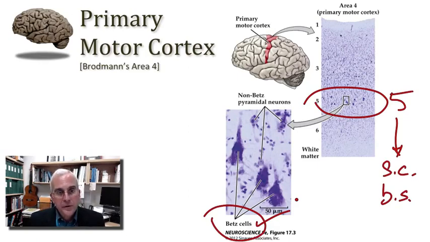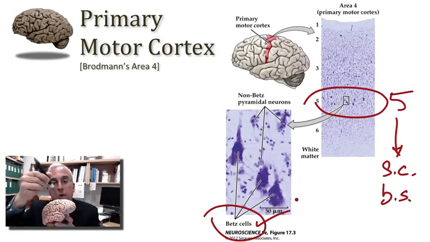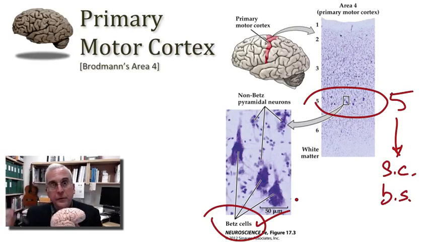When motor cortex was first characterized with microelectrode stimulation, it was discovered that as one approaches the posterior frontal lobe with the microelectrode and then stimulated different sites, it was possible to elicit various kinds of movement. We'll talk more about that in a few minutes.